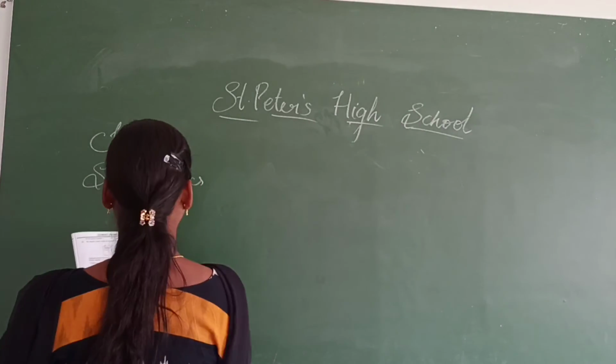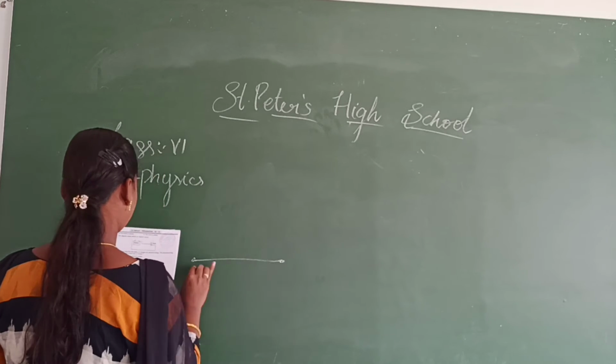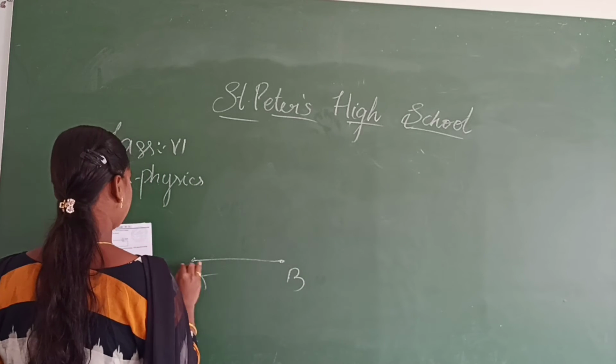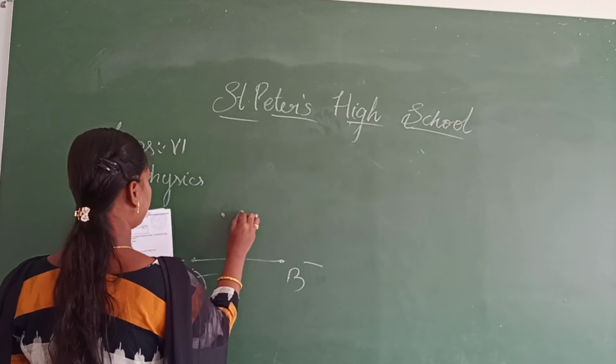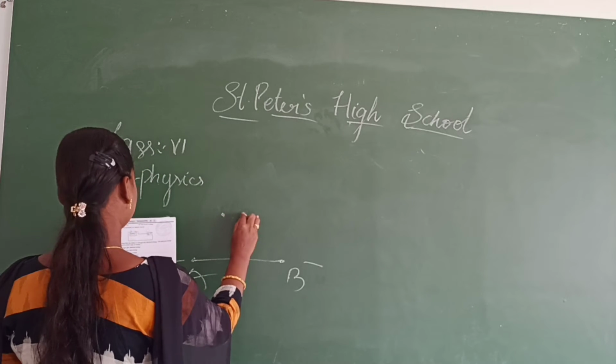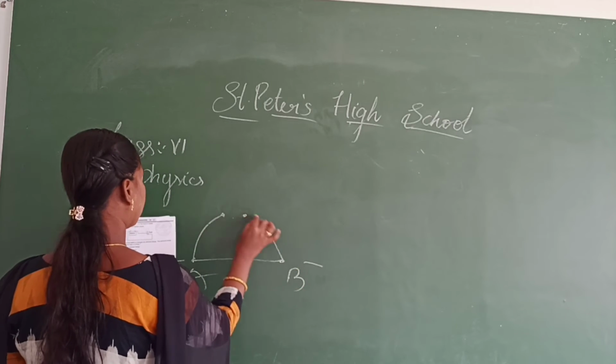So this is the figure they have given. A, B, this is positive and this is negative, this will be the switch. In which direction does the electricity pass?